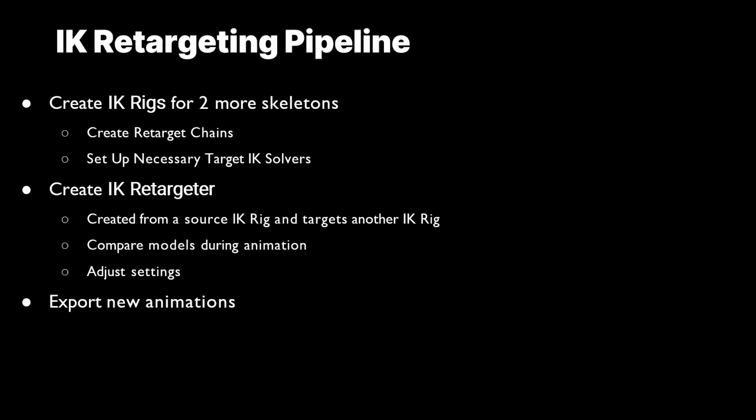We're going to run an animation on both of them together and see what's different and where some adjustments might be needed. And then we'll export those new animations, basically converting those animations from the source character to the target character.